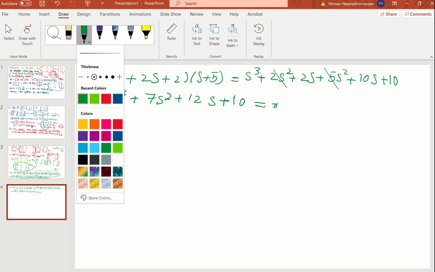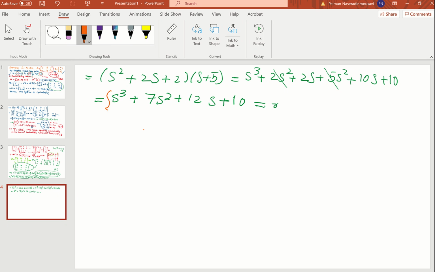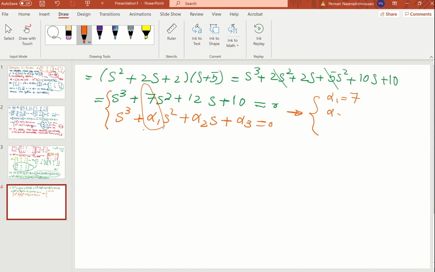Now you have to compare this with what I gave you in the previous class: s cubed plus alpha 1 s squared plus alpha 2 s plus alpha 3 equals 0. So it's a trivial comparison. Alpha 1 is 7, alpha 2 is 12 and alpha 3 is 10.